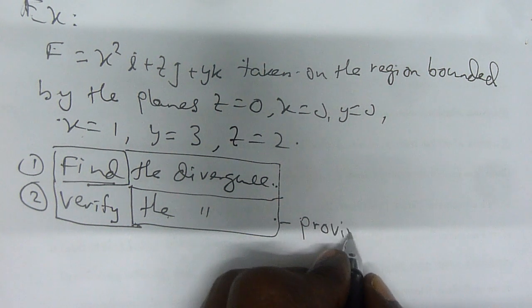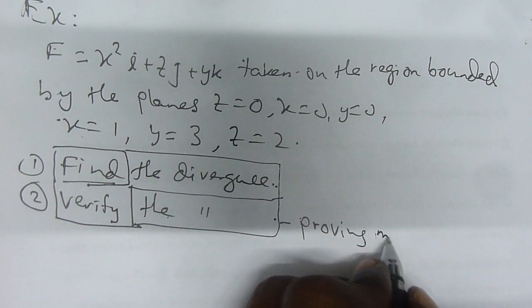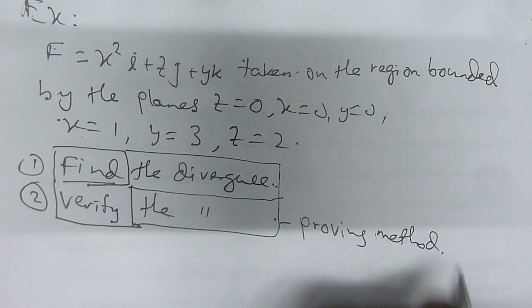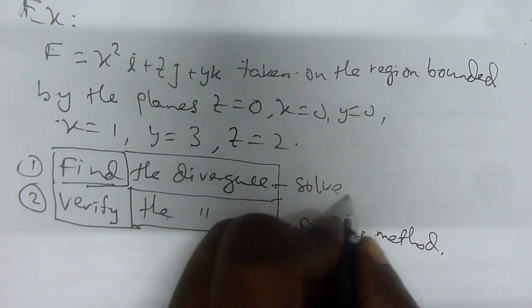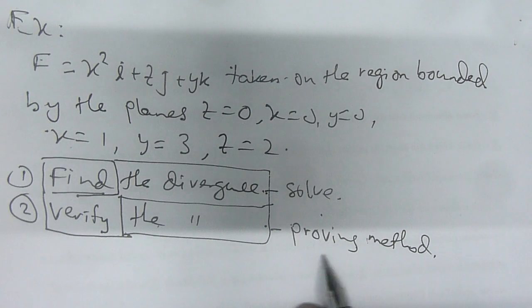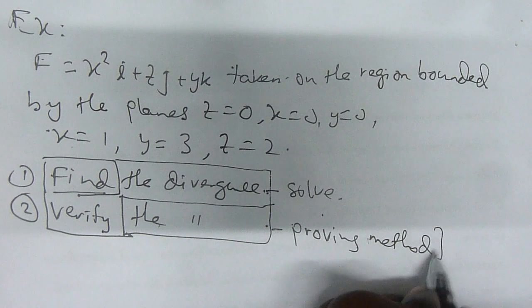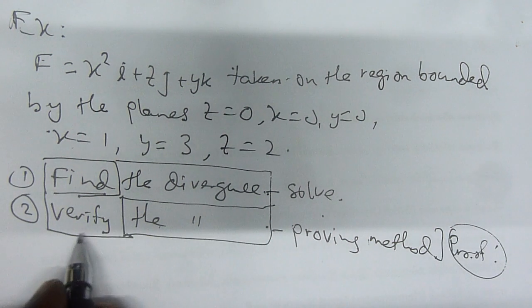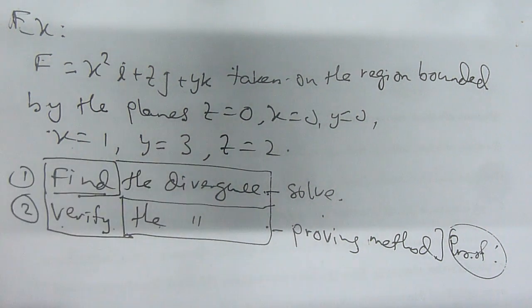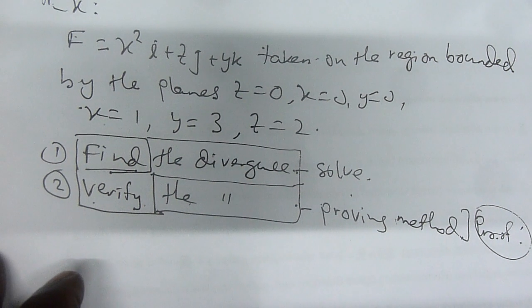Here you don't need to prove, you just solve. Here you need to prove, and the proof is used to verify whether both sides are the same or not.